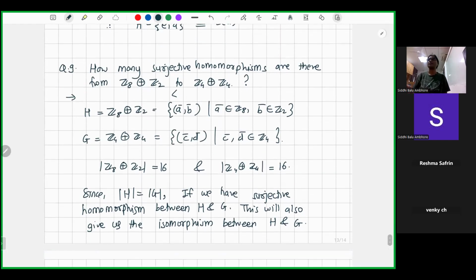What is the maximum order of any element in Z4 direct product Z4, in this G? What is the maximum order of any element in this group?